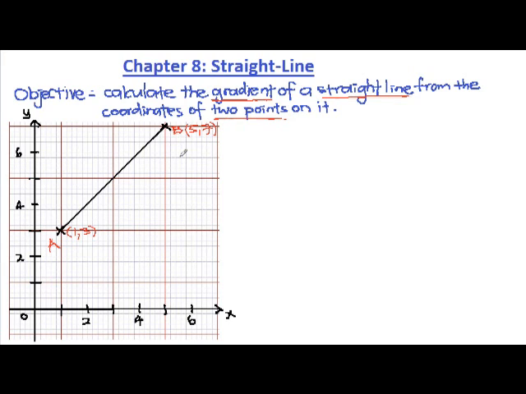The relationship between the coordinates of the points of a straight line can give us information about the straight line. So, what information can we read from the coordinates? The very first will be the gradient.